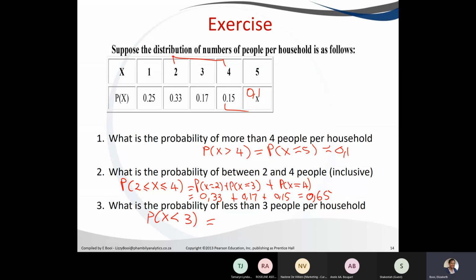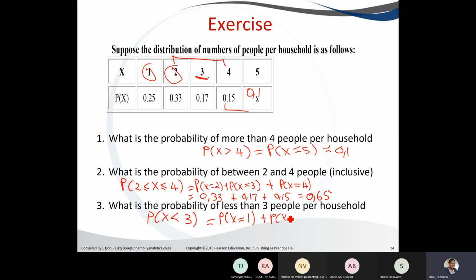And that will be the probability that X is equal to 1. There is no 0 there, so you start with what you see on the table. It's 1 and 2 because it does not include 3.